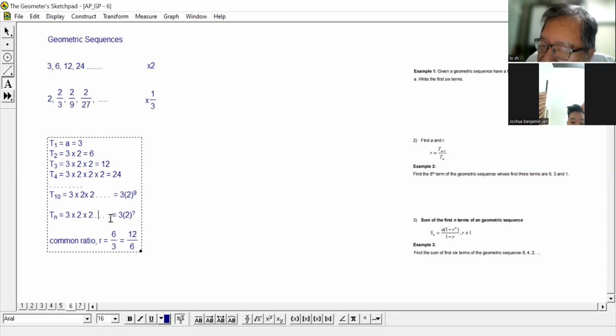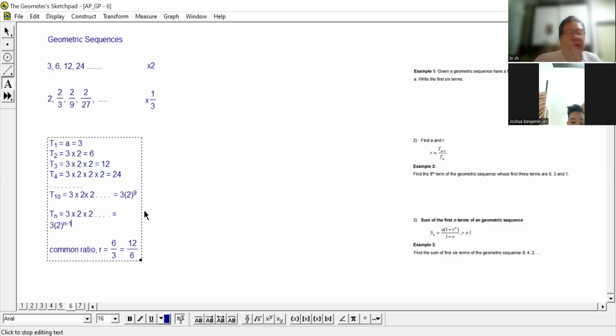If I want the 10th term, I cannot put 10. N minus 1. Ah, very good, very clever. So this one should be n minus 1.